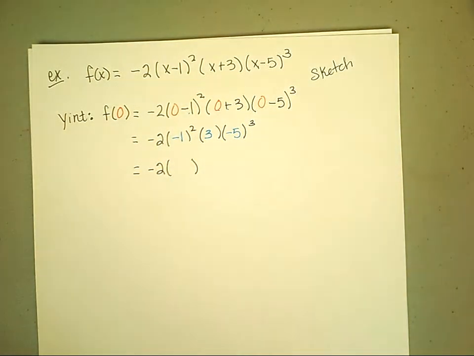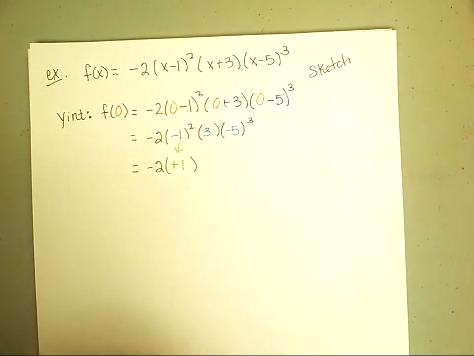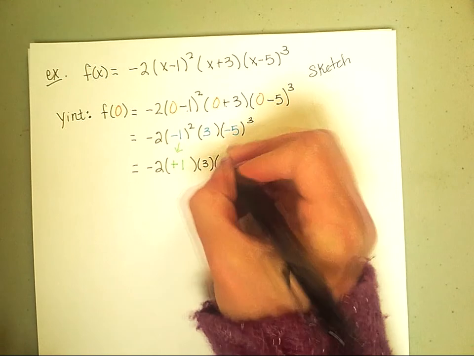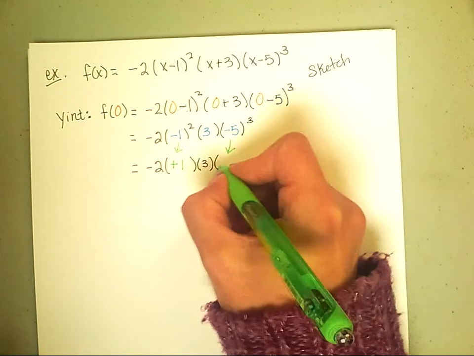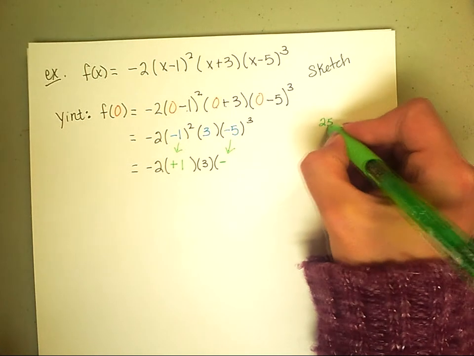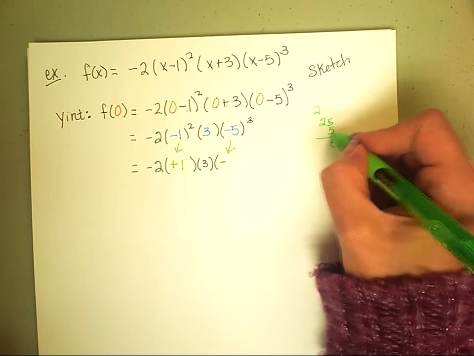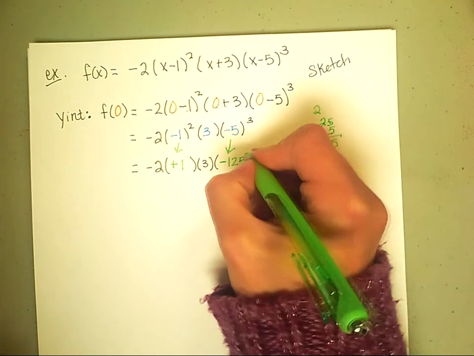Negative 2 times, well, negative 1 squared is a positive 1. We'll leave that 3 there. And then negative 5 cubed. Well, a negative cubed has to be negative. 5 times 5 is 25, times another 5 is 125.